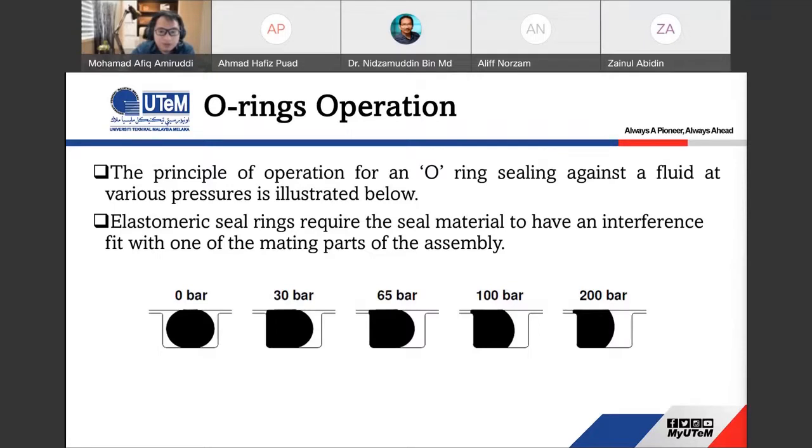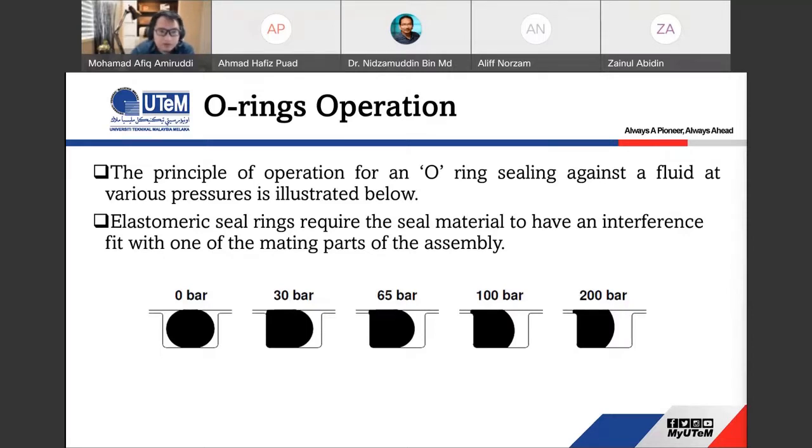If it stays in this position for a long time, it will damage the O-ring. You can see that some material of the O-ring extrudes into the gap. This is not good, so you have to make sure that the O-ring is designed carefully so it doesn't hurt the O-ring structure.